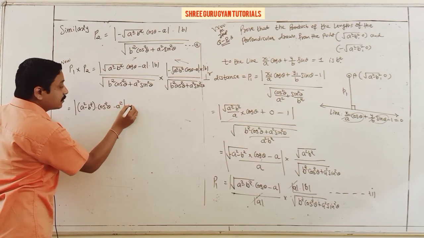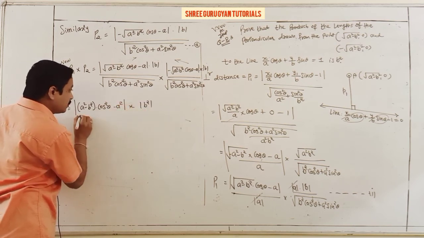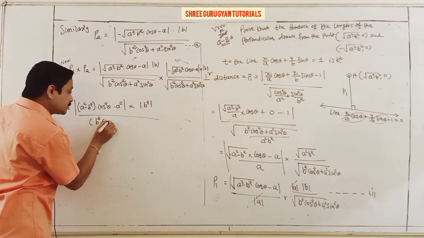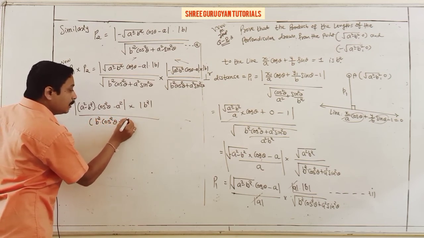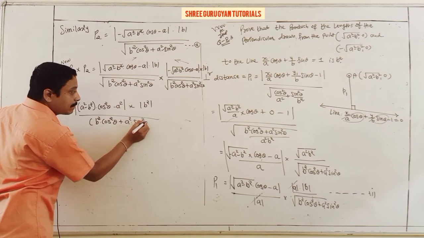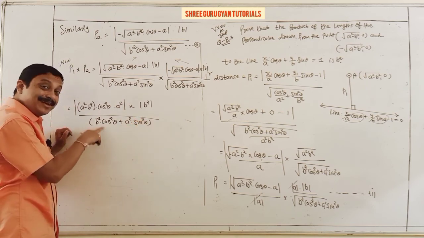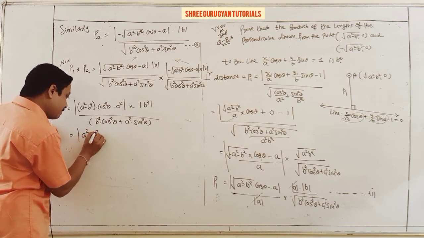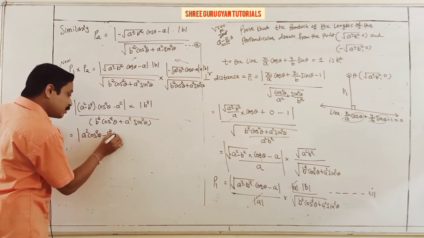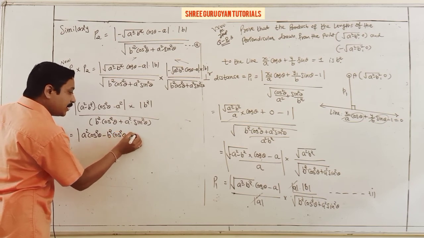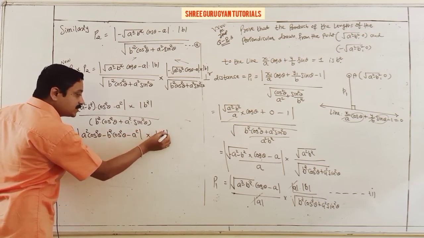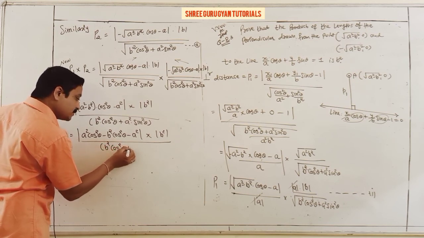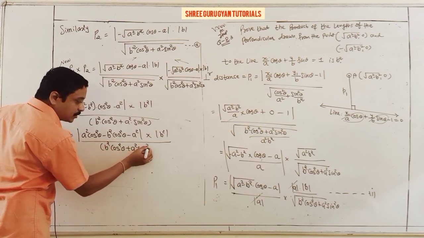minus a square b modulus square, and upon this is the same. So we can write only b square cos square plus a square sin square. Now further calculate, this also cancels that. So I just expanded a square cos square minus b square cos square minus a square modulus b square by the same as b square cos square a square sin square.